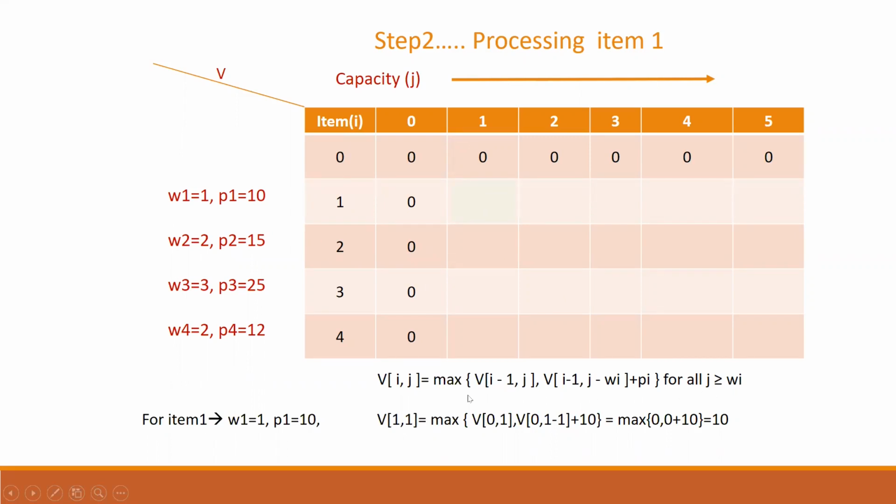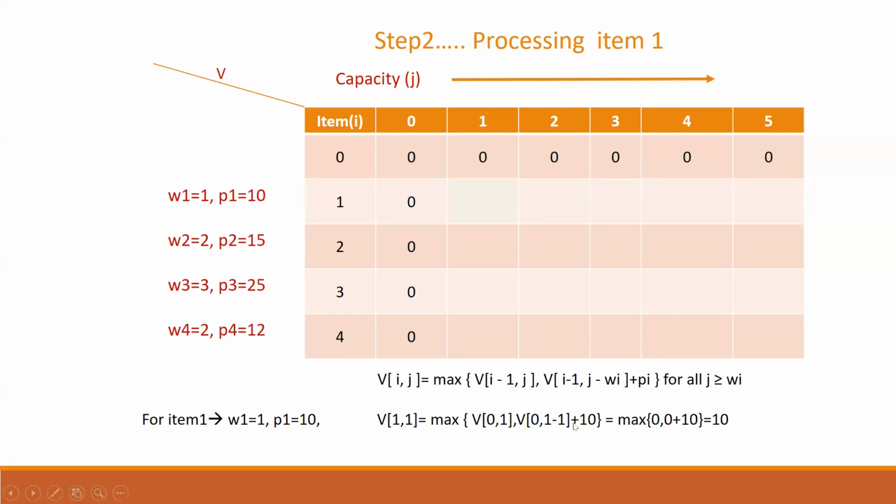This formula indicates V of 1, 1 is nothing but the maximum of V of i minus 1, which is 1 minus 1, 0, comma j, which is 1, comma V of i minus 1, which is 0, comma j minus Wi, which is 1 minus the weight of the first item, 1, plus the profit of item 1.